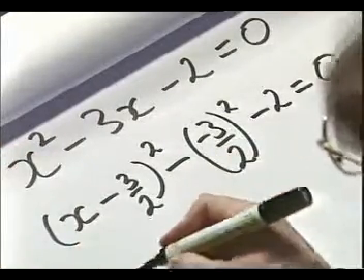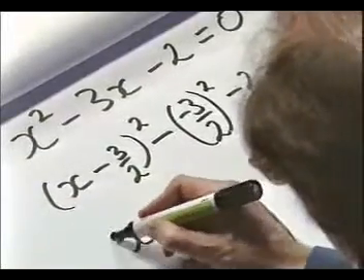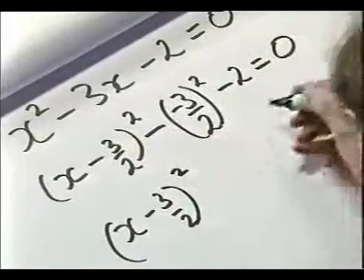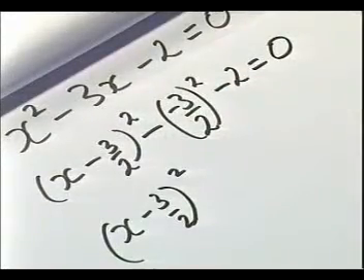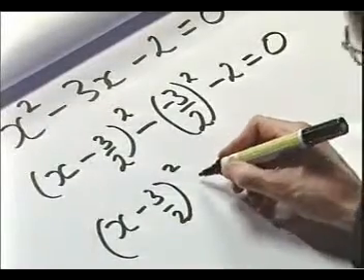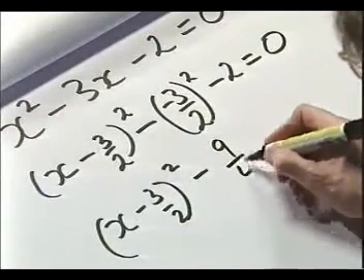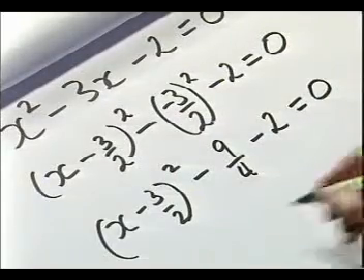So now this expression is exactly the same as that one. So let's keep this bit at the front: x minus 3 over 2 all squared. And now let's simplify this here. Well, minus 3 over 2 squared is 9 over 4, take away 2 equals 0.